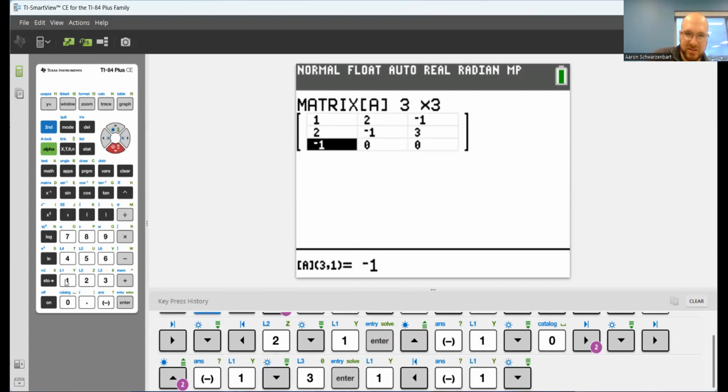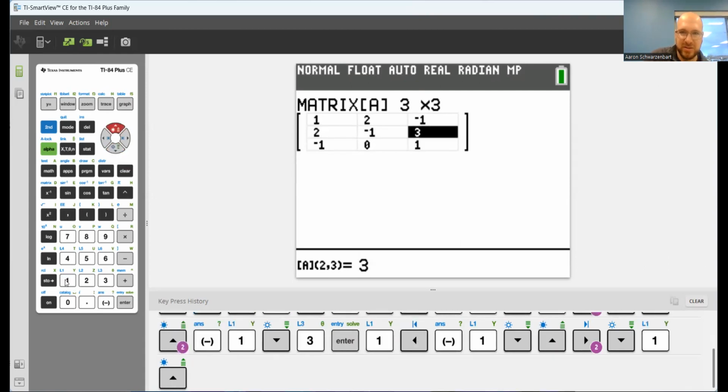Problem with hitting enter is it doesn't always put you where you want. I hit enter there, and that didn't do what I wanted.